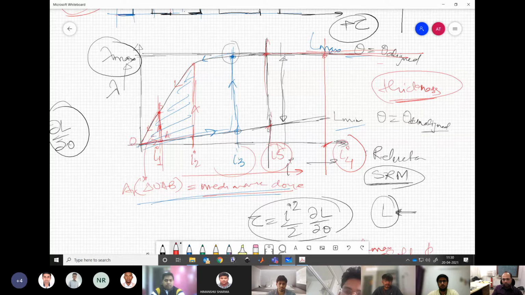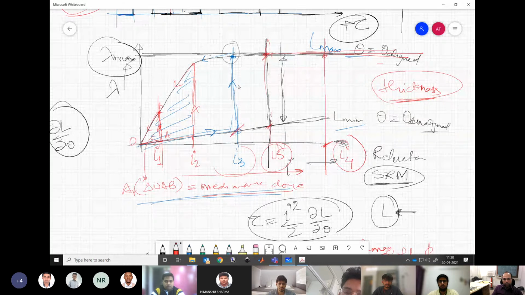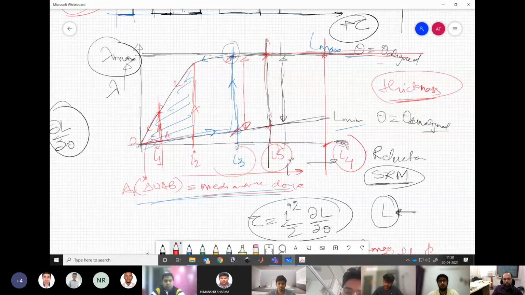Up to this point you see the change from L min to L max is maximum. For this I3, L min to L max is maximum. This delta L or delta lambda, whatever you say, is maximum for this operating point.